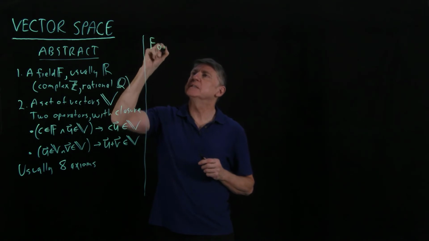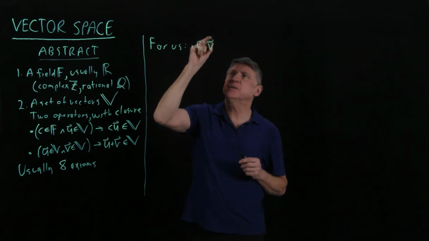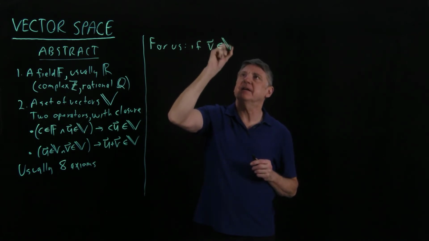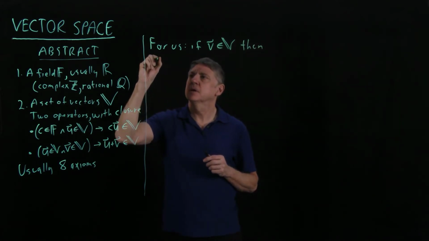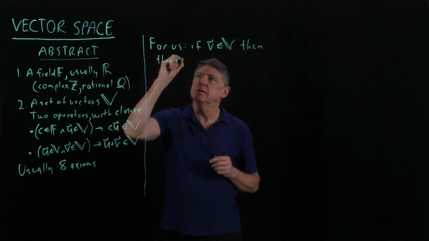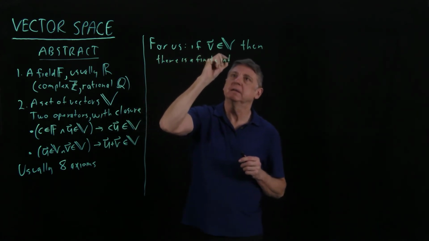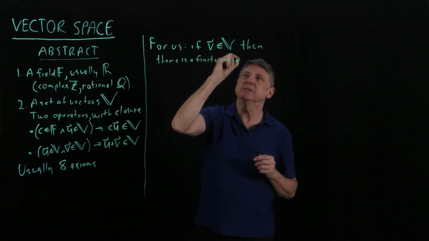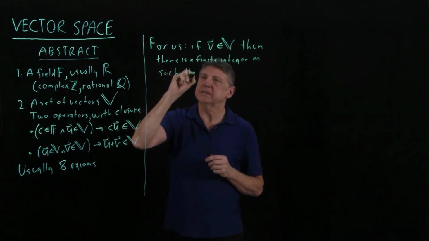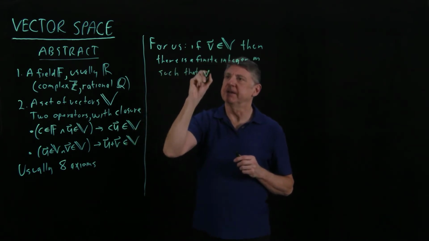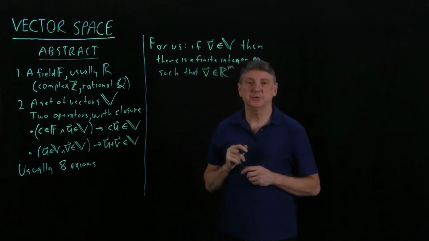So what we'll say is that for us, if a vector is in a vector space, then there is a, I'll be specific, a finite integer m such that the vector that we're looking at has m entries and is real.